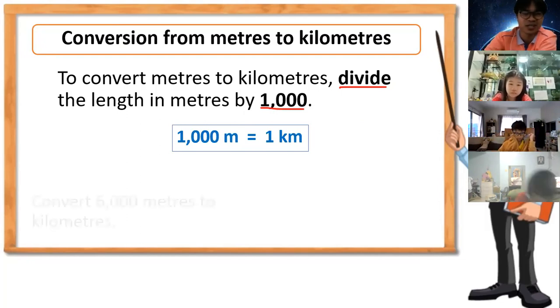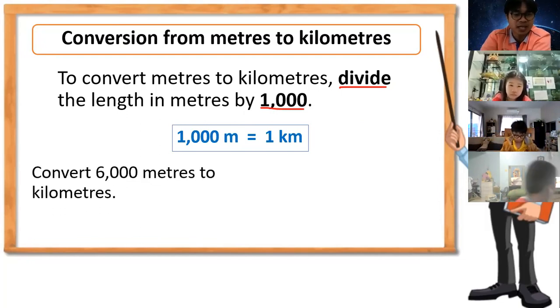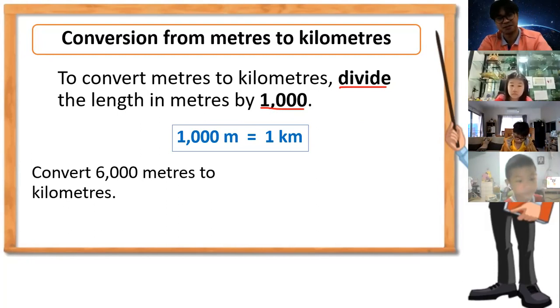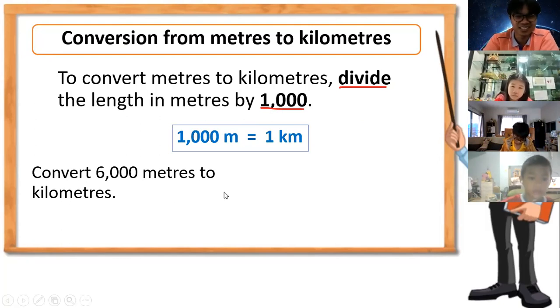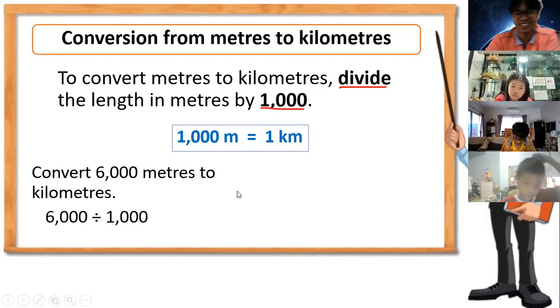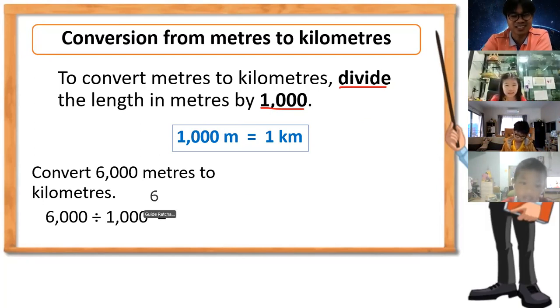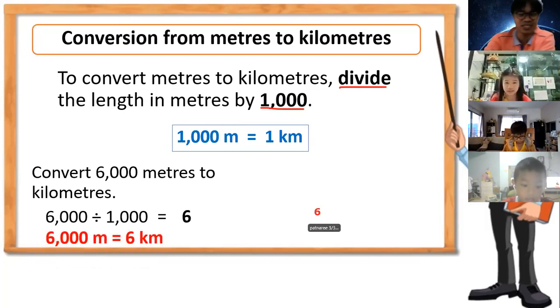Example, 6,000 meters to kilometers. 6,000 divided by 1,000 equals 6 kilometers.